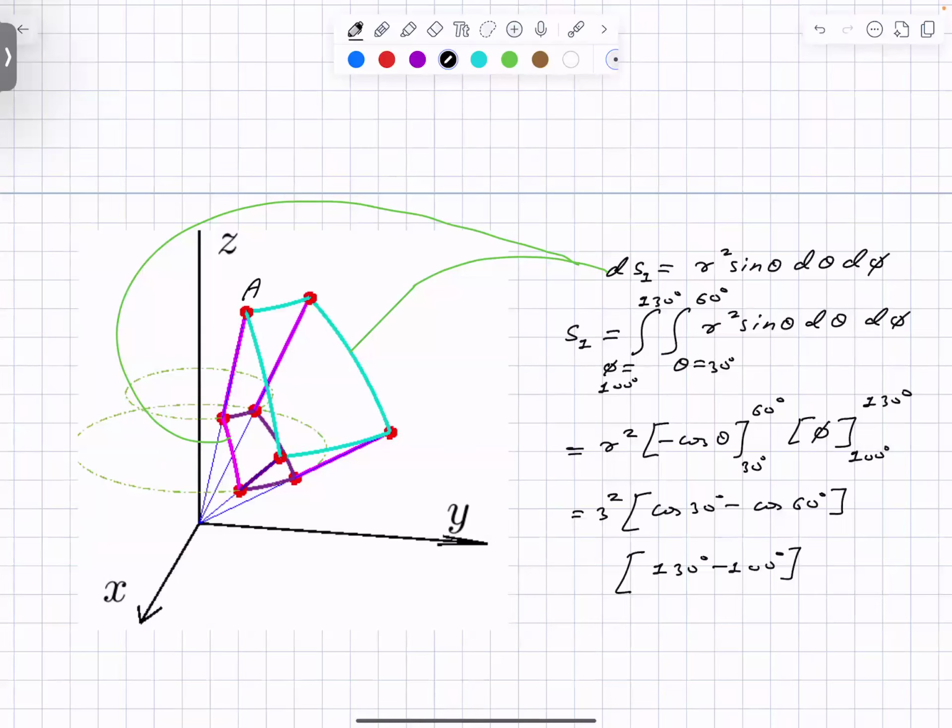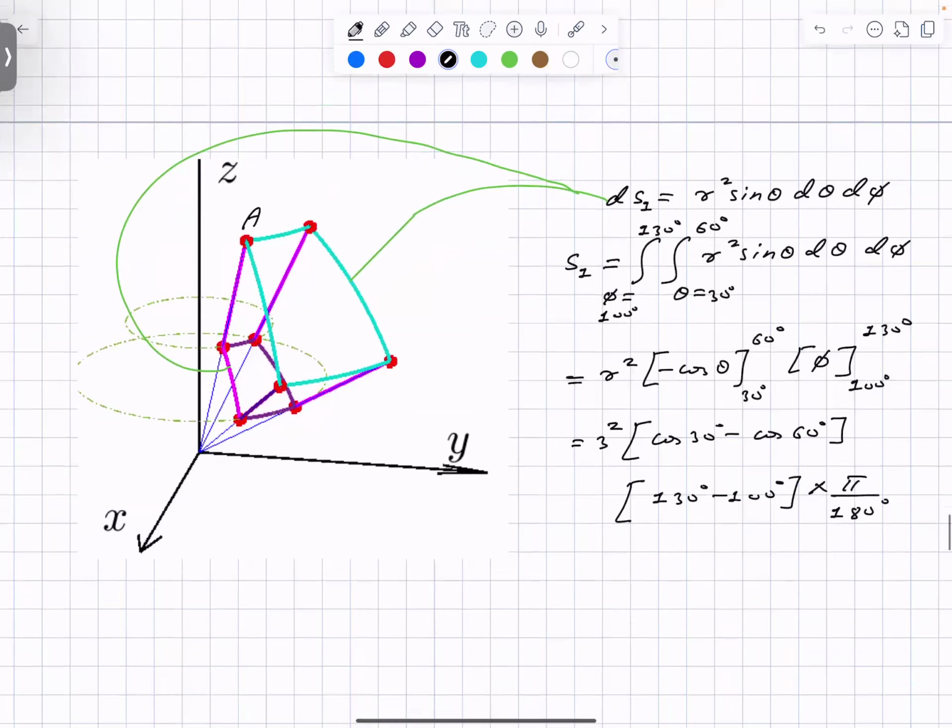We have to convert this angle to radians. So we multiply by pi by 180 degrees. Now if you punch this on your calculator, you'll get 1.7249.